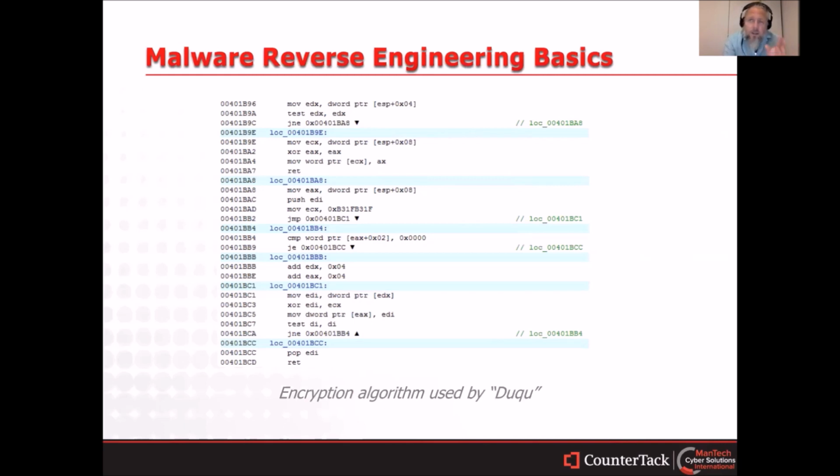But reading assembly code in general is actually pretty easy to do. The majority of the opcodes, the instructions, are mnemonics, so they basically sound like what they're doing. So in this one, for example, we've got a move, a test, an XOR there, which we can explain in a second, and a compare. These are pretty easy to recognize and understand.